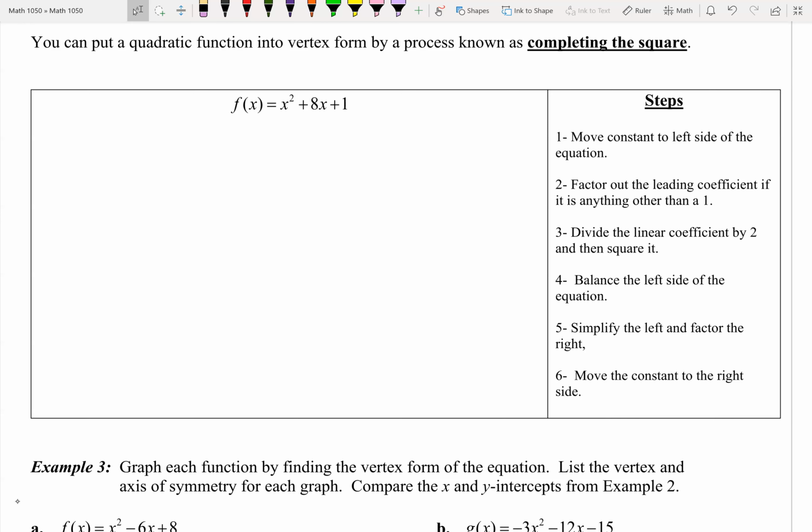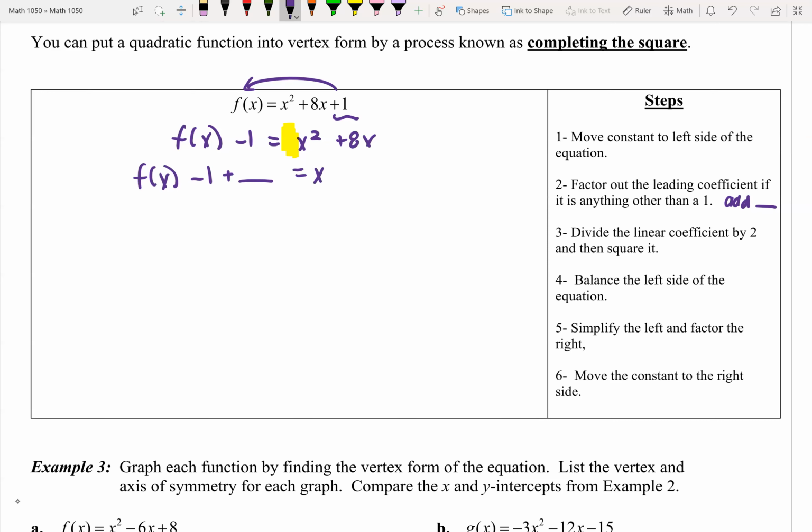There's nothing there, so it's a 1, so there's nothing to factor out. What I want you to do on number 2 is write add blanks. So I don't have to factor anything out, but I do have to add my blanks. So everybody write f of x minus 1 plus blank equals x squared plus 8x plus blank.